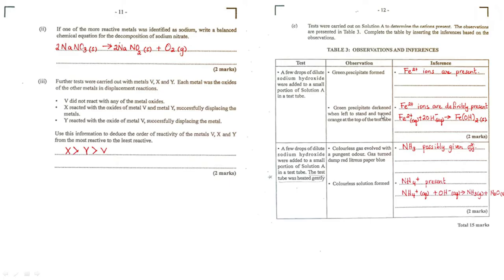It's not that Fe3+ was present in the solution, but that the Fe2+ ions actually oxidized to form Fe3+ ions. So basically I will put that Fe2+ ions are definitely present, and iron hydroxide was formed.